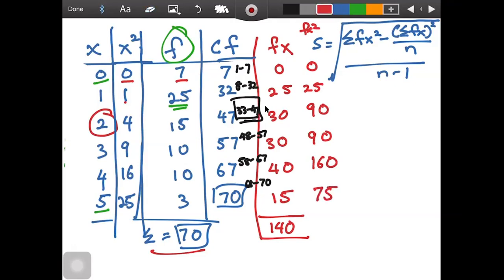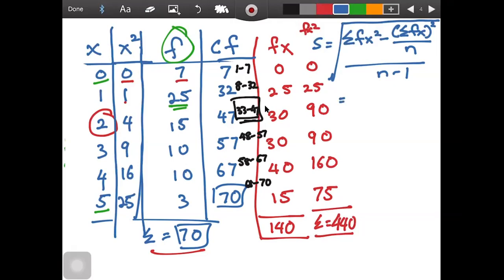And you need to total it up. What is the total? So 0 plus 25 plus 60 plus 90 plus 160 plus 75 is 410.